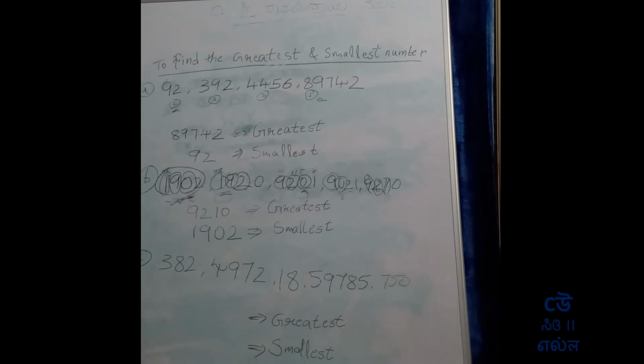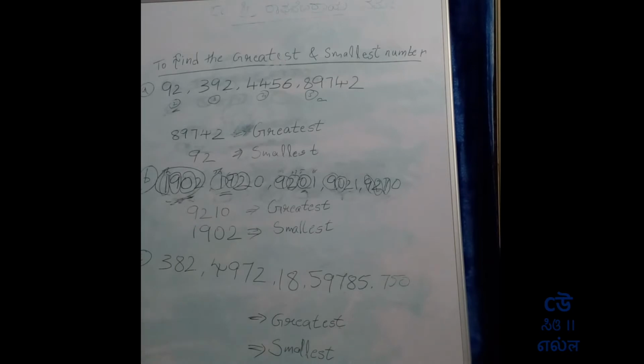Okay, the second trick is what? If we have an equal number of digits in each number, what should we do second? We have to consider all the thousands places of each number and circle them. In that, see which number is the greatest. If you get to know, then you can directly write the greatest number.